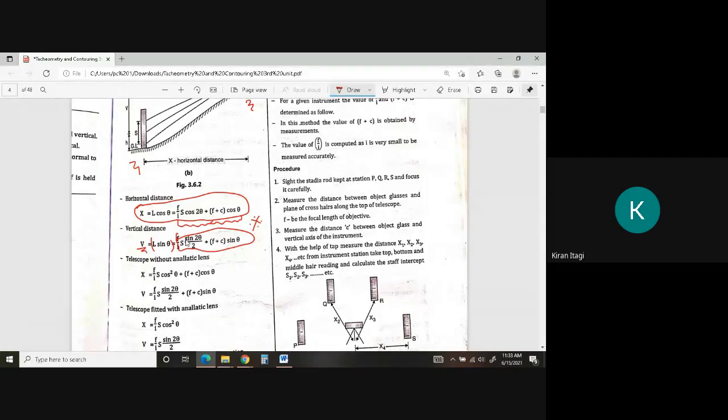So one thing is that if you remember this formula, and in the question he says that I am using an analytic lens, obviously f plus c will be 0. So wherever you have f plus c, put it equal to 0. So the formula will be reduced to this one, where x is the horizontal distance and v is the vertical distance.